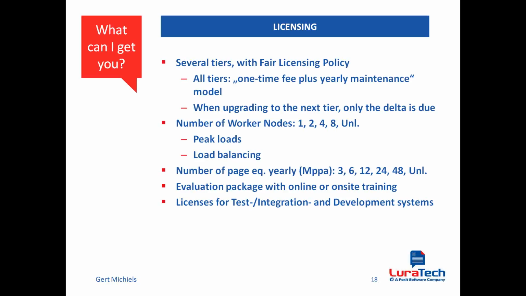And the second level where it scales is really where it comes to some sort of production. Actually, what the rendition server does, it creates PDF files on the output side. And again, here you have entry-level pricing for the smaller projects. For example, you get a license to produce 3 million pages of output PDF every year, year after year, for a one-time license fee and a yearly maintenance.